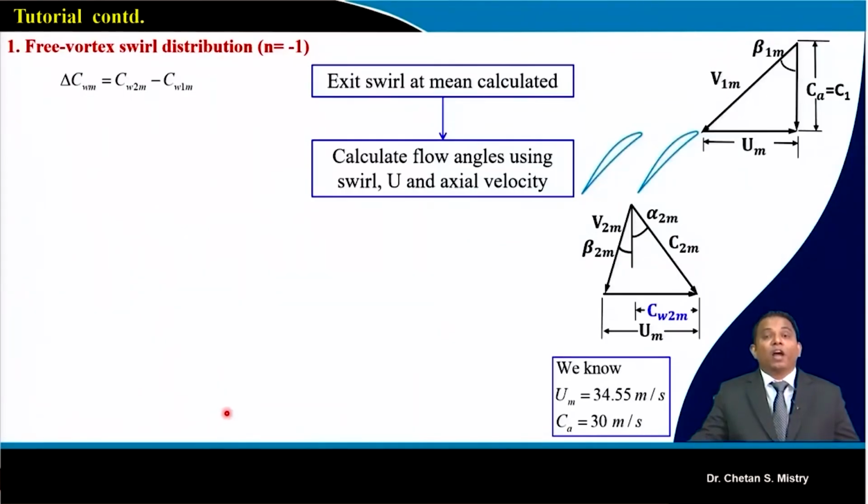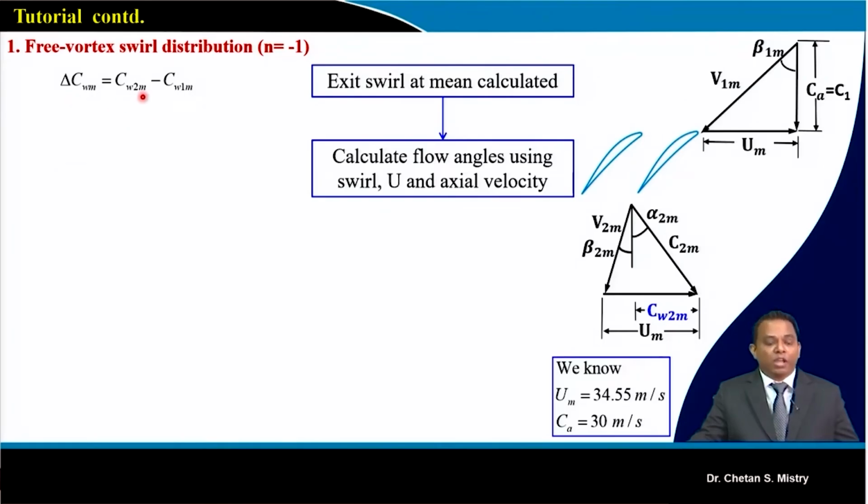Now what are we asked for? We are asked for implementing 2 different design approaches. First, it is the free vortex design, in which my n equals -1. So let's approach with the first design methodology, the free vortex method.